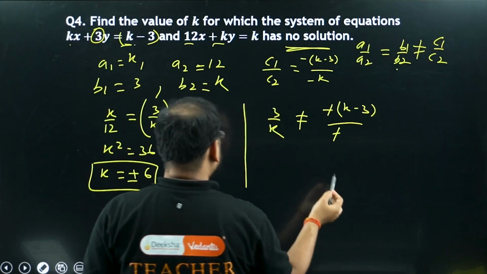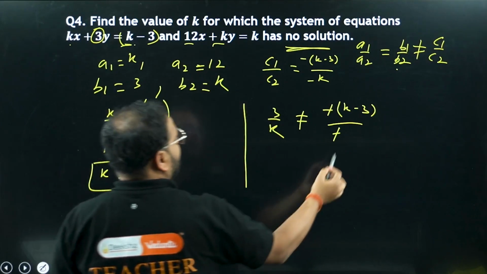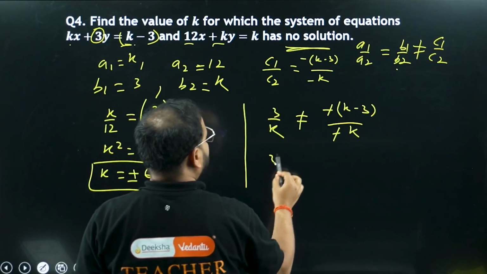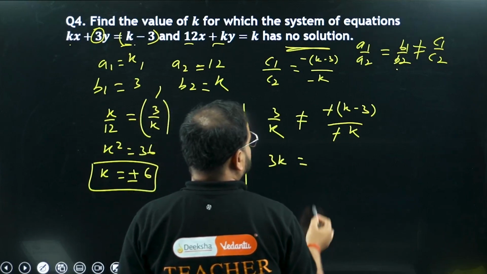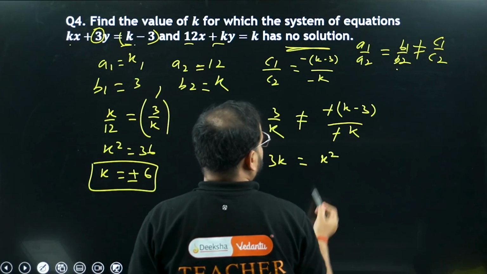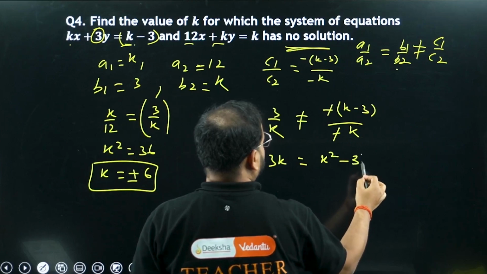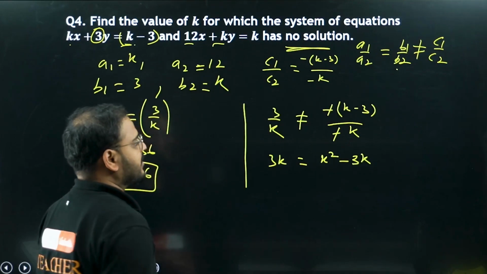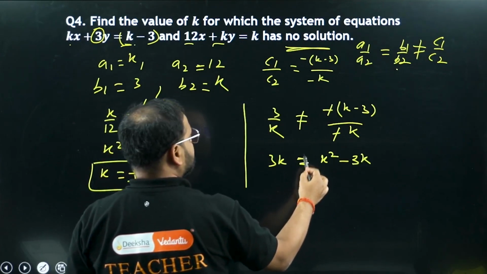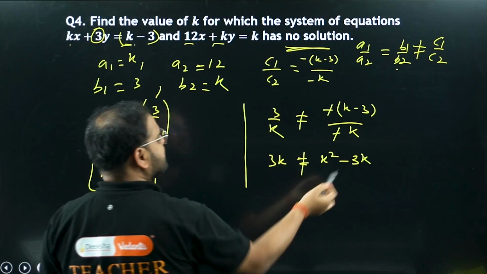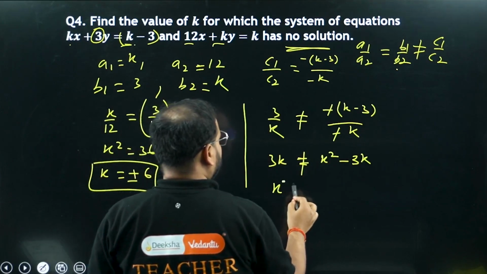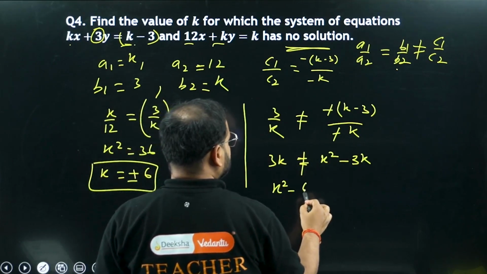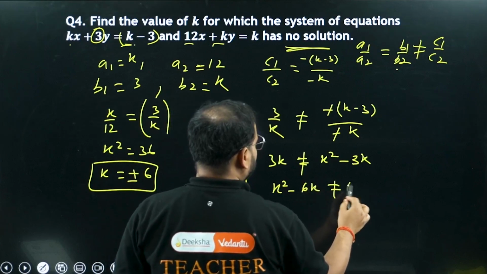We can cancel, but let's say if you're confused, I'm going to cross multiply this. So 3k is not equal to k square minus 3k. Now I'll bring this 3k on that side. What I'm going to get? k square minus 6k is not equal to 0.